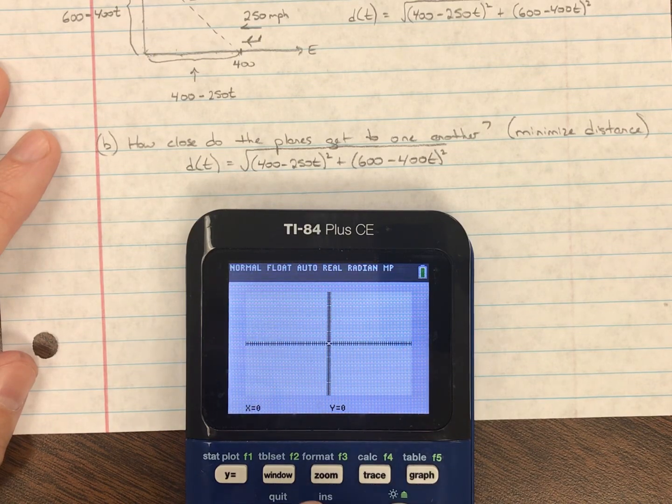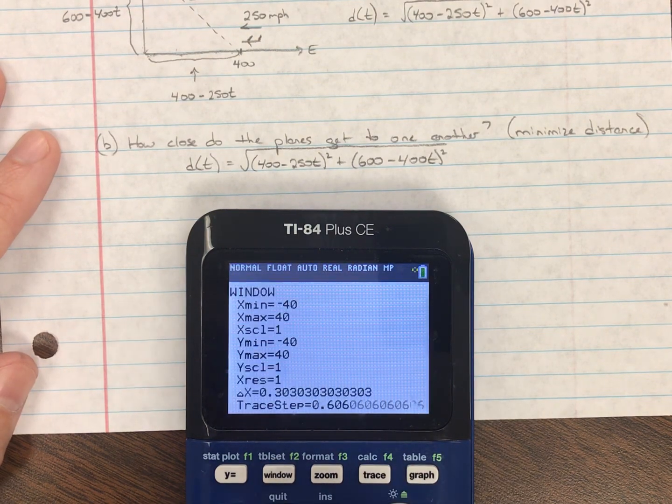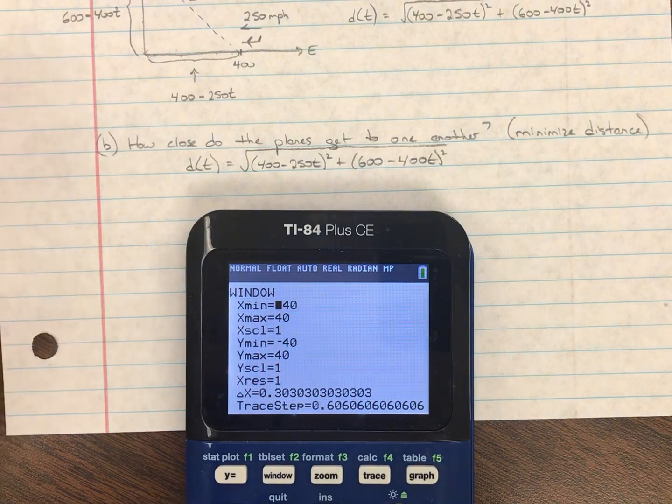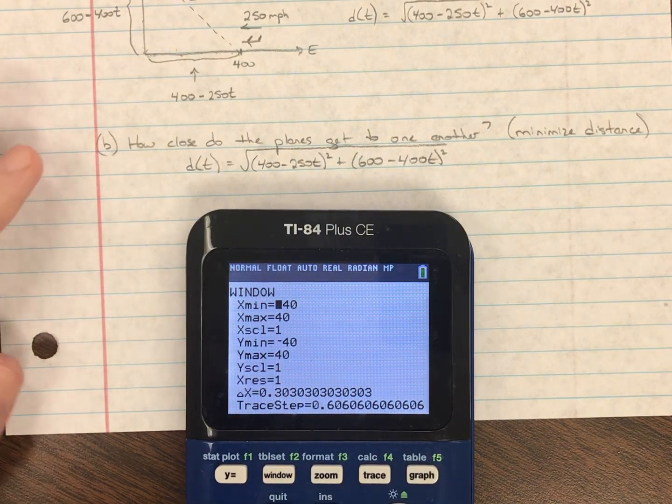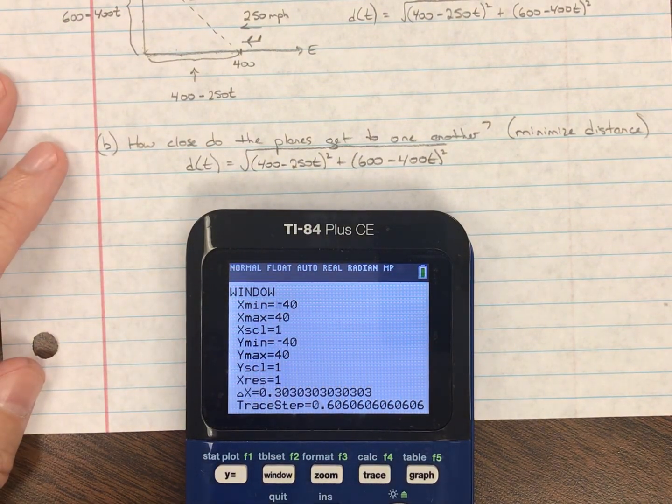Let me take a stab at setting the window. My distance is only going to 40. I know my time is positive, so I'll do my time, the x, in hours. How about we do 2 hours?